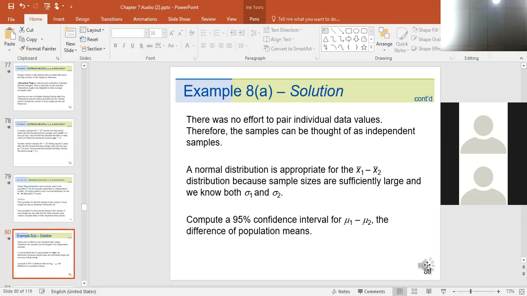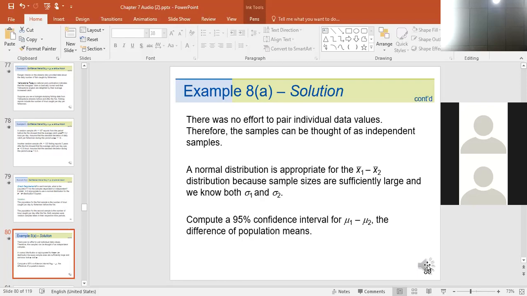So we are using C to be 0.95. So we are going to have E equal to Z, you don't really need to write this, times the square root of sigma 1 squared over N1 plus sigma 2 squared over N2. We don't have time to do this because we want to learn more.